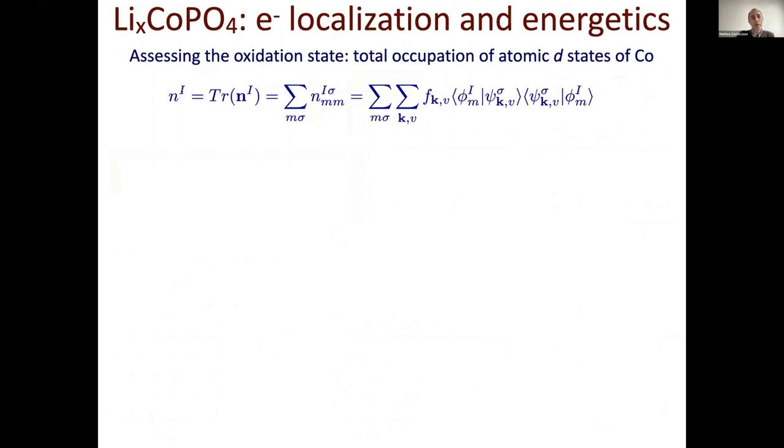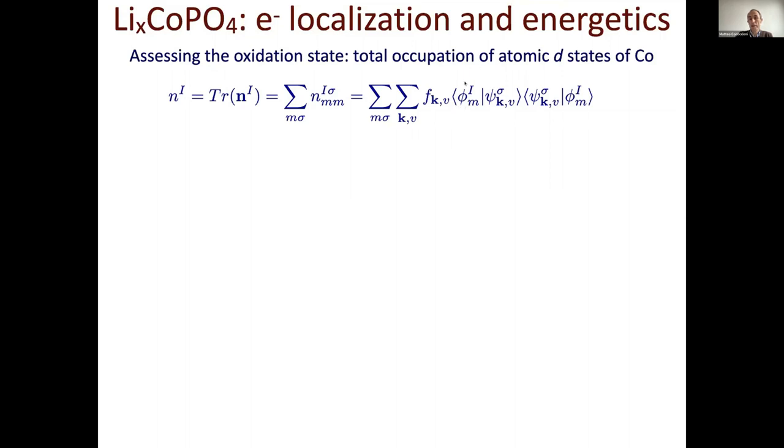And I will look into the total occupation of the states of the transition metal, computed as the trace of the occupation matrix, where the occupation matrix, which is also the one that we use in the +U functional, is obtained from a projection of Kohn-Sham states, psi k v sigma, where k is the k point, v is the band index and sigma is the spin, onto atomic states.